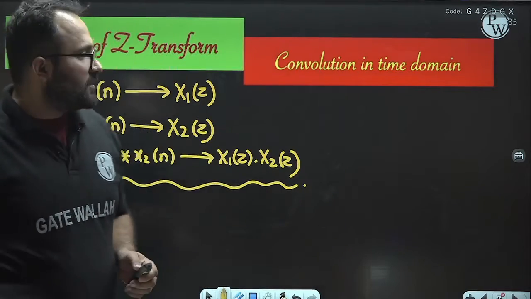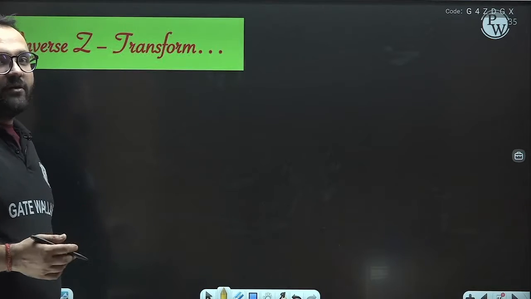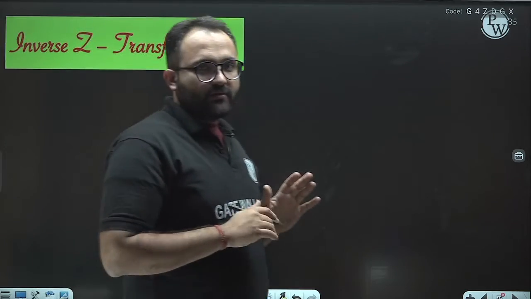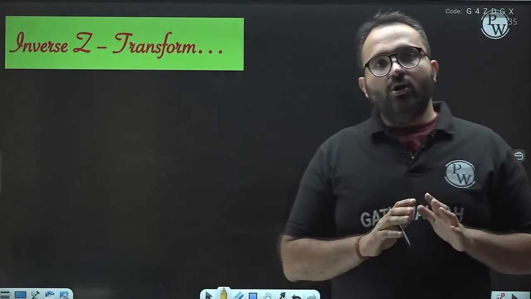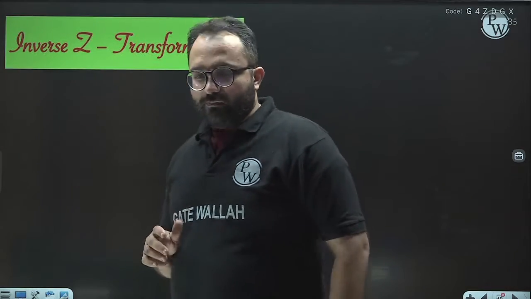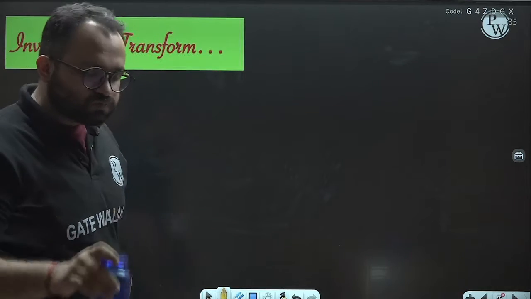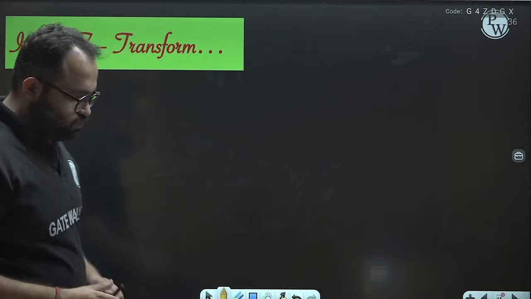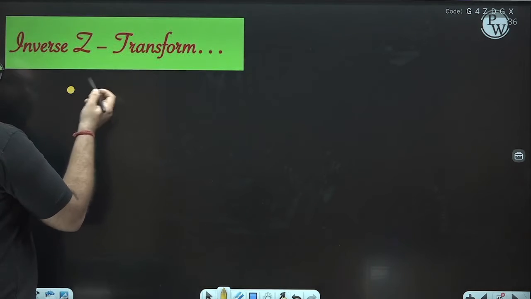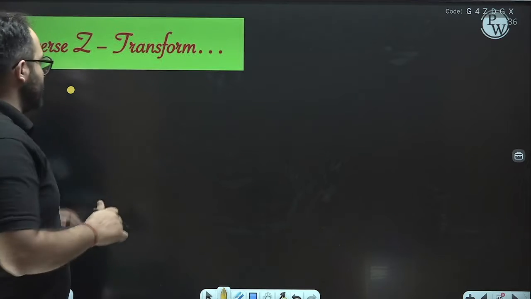Now let's see how to find the inverse Z transform. This is very simple actually. The analysis is exactly similar to that done in the Laplace domain. First of all, let us see a very important concept.